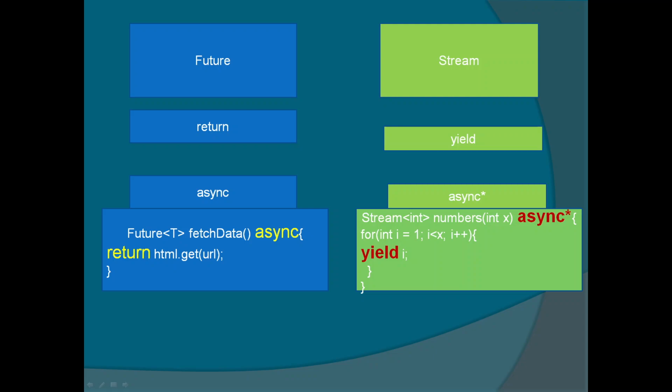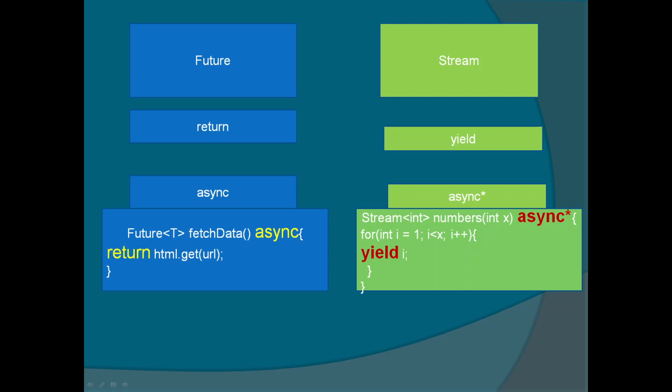Instead of the keyword return, we write yield, and the keyword async we replace with async with an asterisk. On first sight it seems too simple, not significant, but when I read an article and faced the keyword yield, I got stuck. Nobody explained the meaning at that moment.